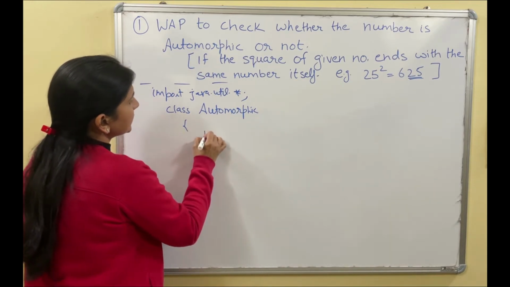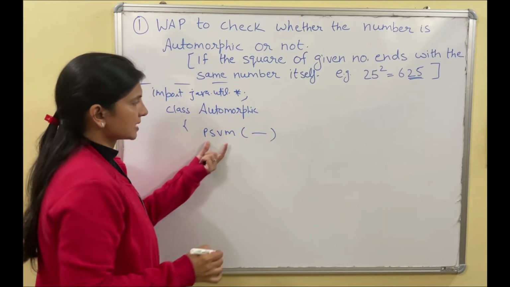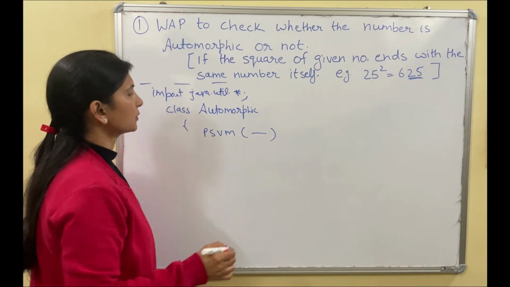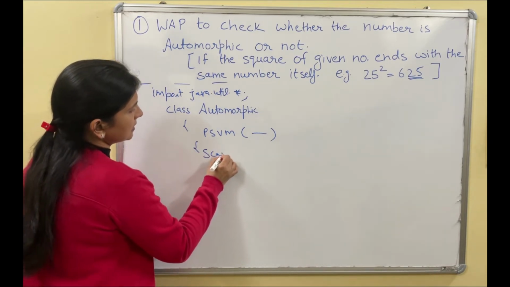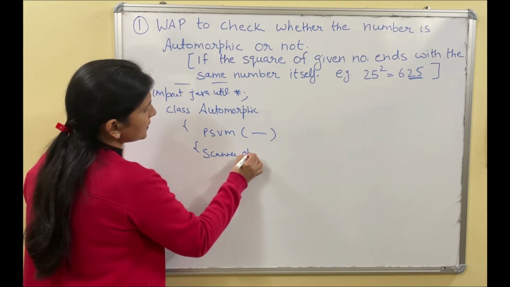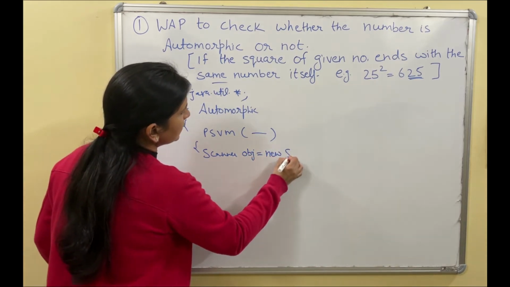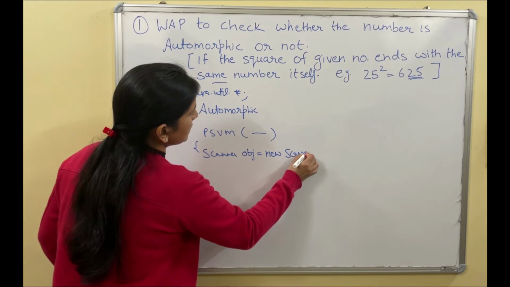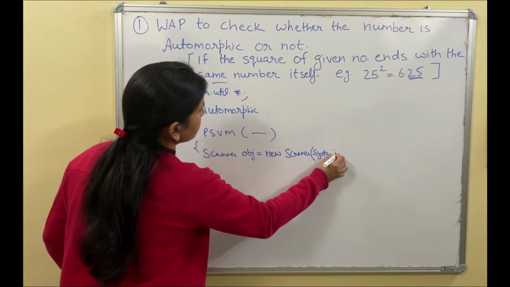Then public static void main, String args. In brackets you will write the String args. First we will create the object of the Scanner class: Scanner obj equals new Scanner(System.in).